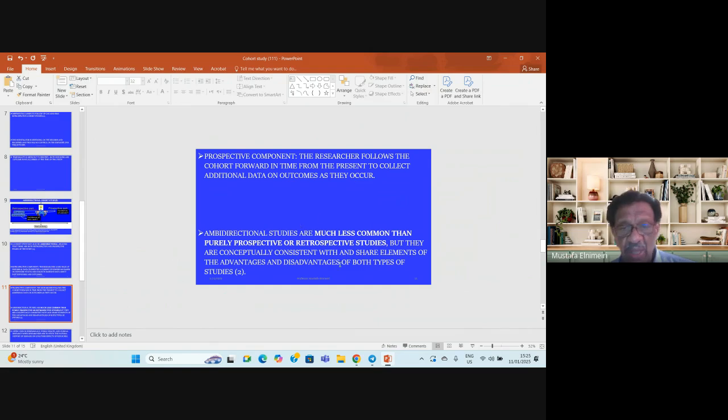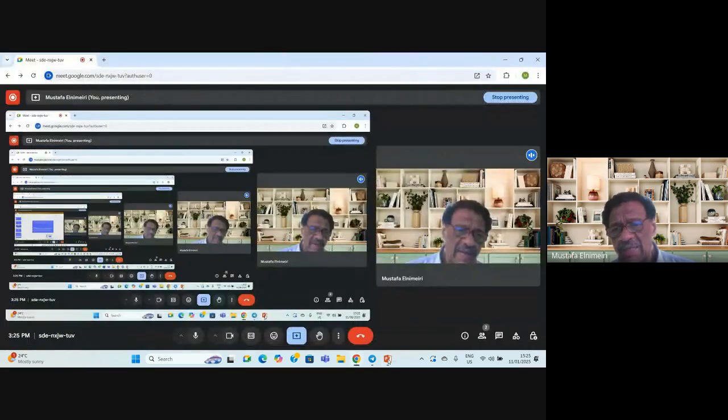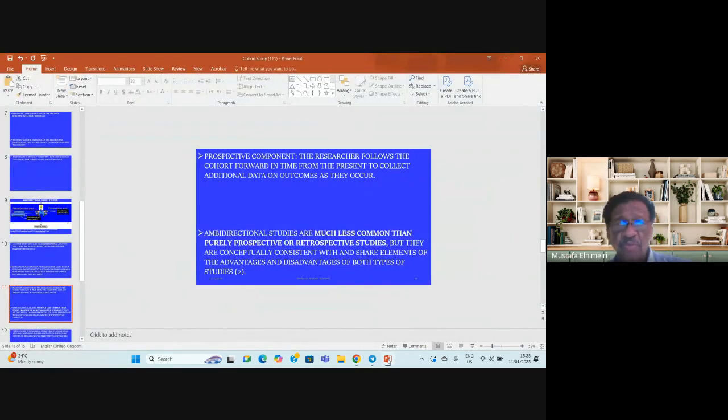The researcher follows up the cohort members forward in time from the present to collect additional data on outcomes as they occur. Ambidirectional studies are less commonly used than other types of cohort designs, as there are so many problems. They are conceptually consistent with and share elements of both types of study.